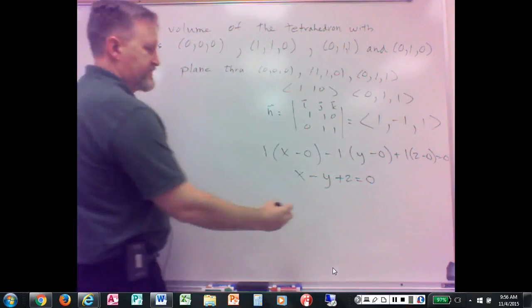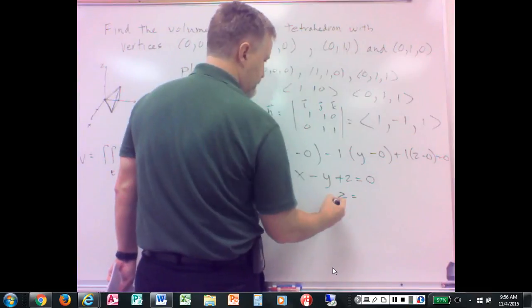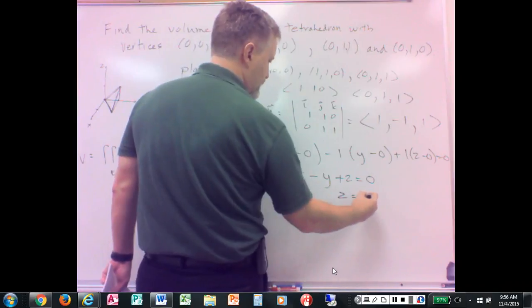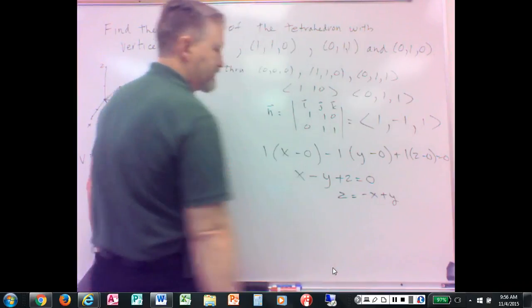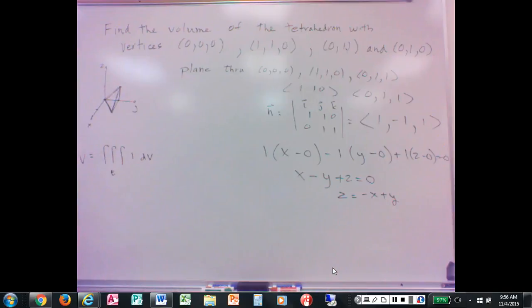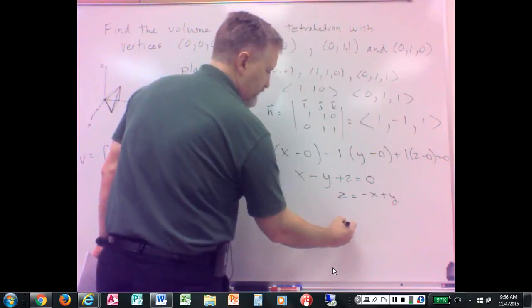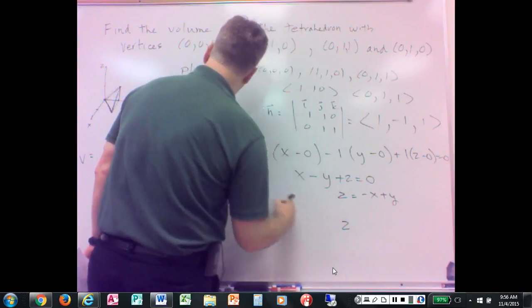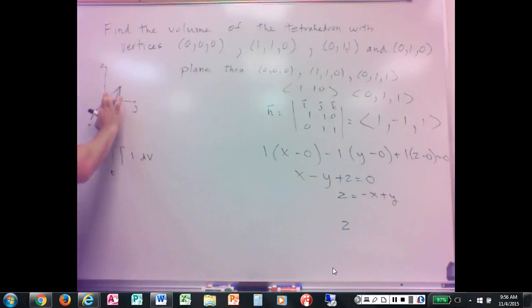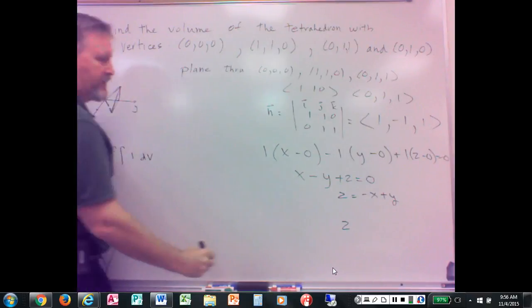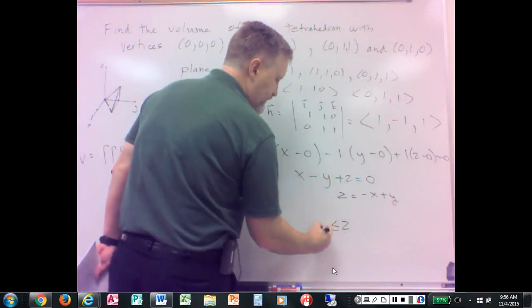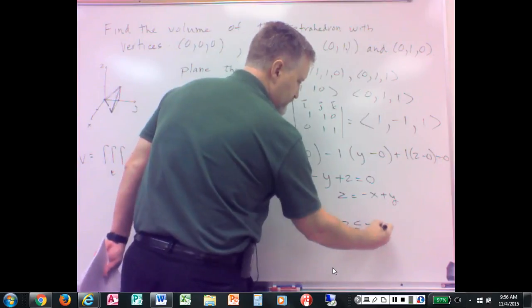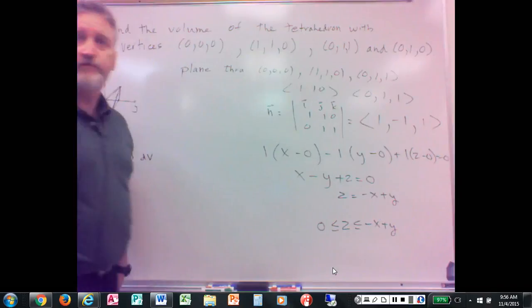And so that would mean z would equal minus x plus y. So that's our plane there. And that means our z's are going to range from the xy plane up to that plane, so 0 to this.